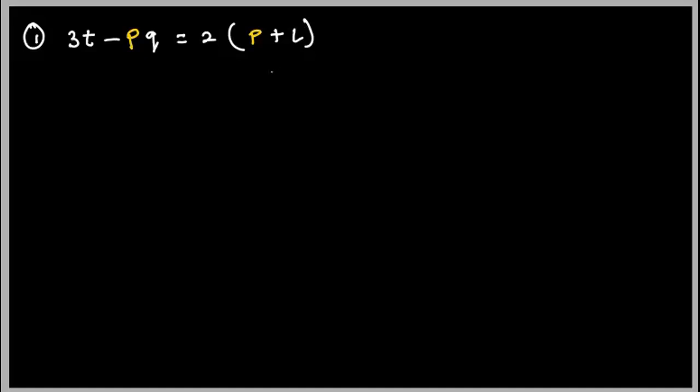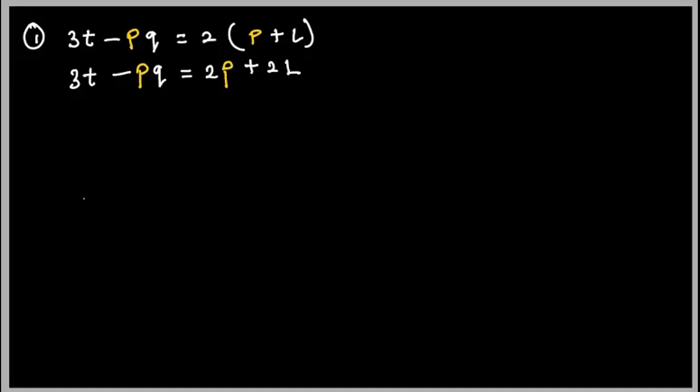Once it is in a bracket, open that bracket, break it, and I will have 3t minus my P, and then Q equals. Now open the bracket. 2 times P is just 2P, and 2 times L is positive 2L. Good.